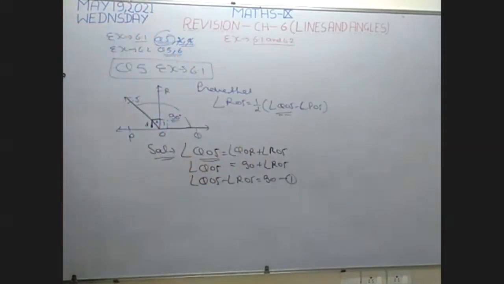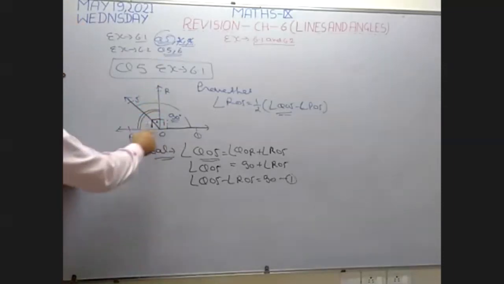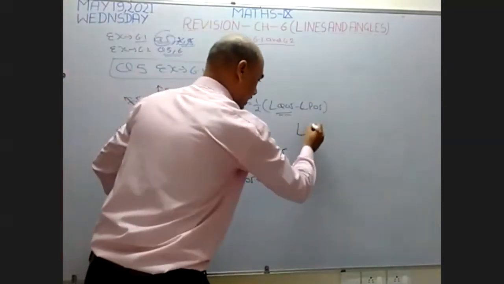Clear, beta? Now see, I want to solve its second part. In the second part, I want to take these two angles. What is the name of these two angles? ROP. See, angle 2 plus angle 3, again 90 degrees. So I write here angle ROP.